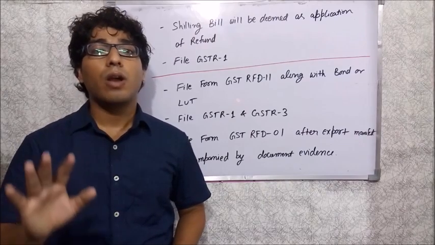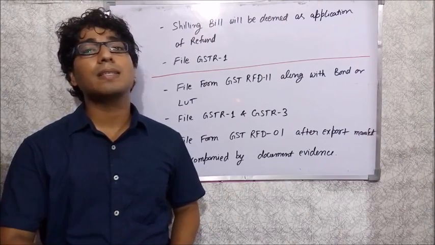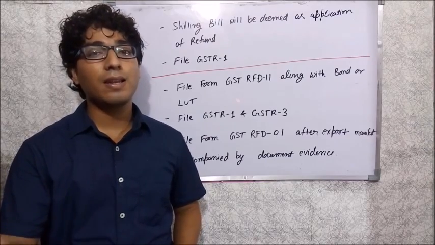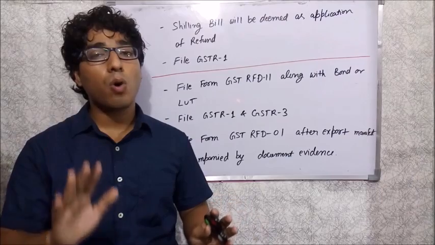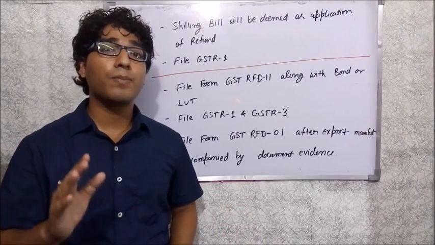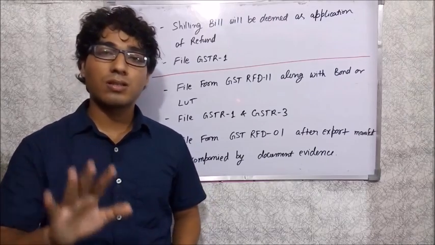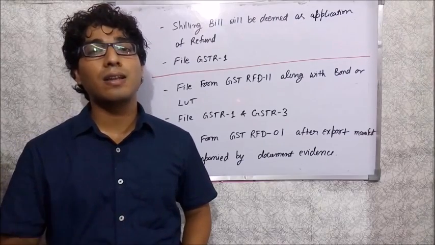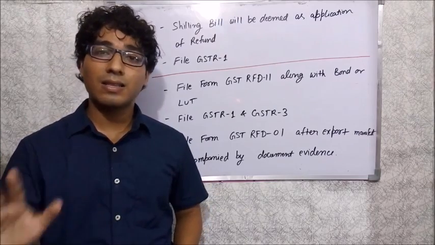So in case you have paid the taxes at the time of export, then the shipping bill will be considered as a refund application, and it will be considered filed only if the person in charge of the conveyance has duly submitted the export manifest to the customs department, and you have filed the GST return like GSTR 3.